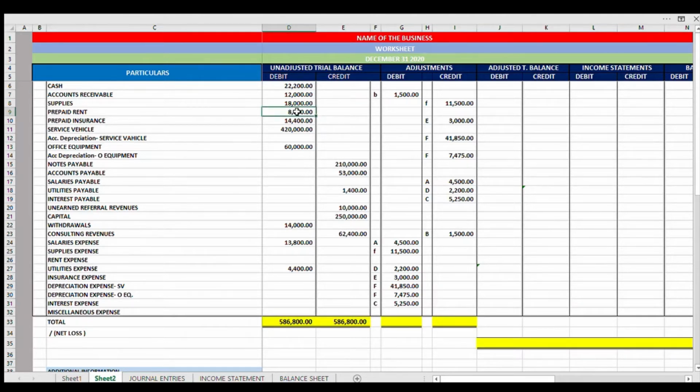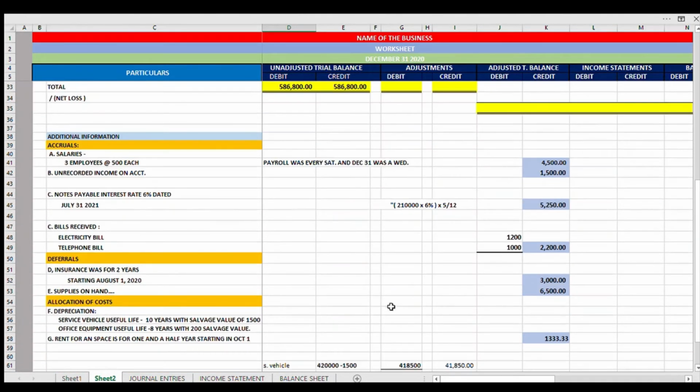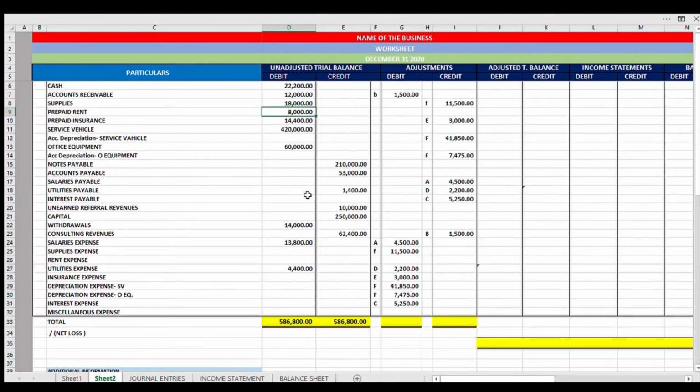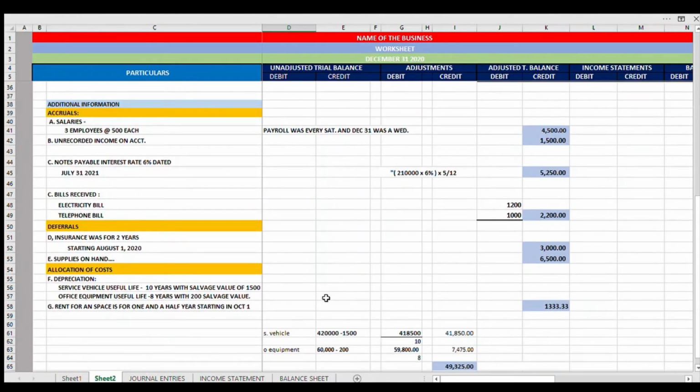So, how can we compute that? So, we have 8,000 divided by 18 months. 8,000 again, this one, divided by 18 months multiplied by 3.